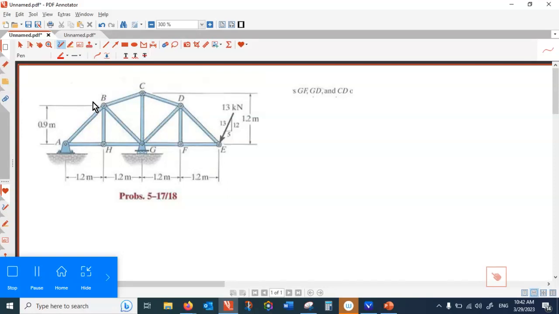First of all, this structure can be simplified, but even without simplification, we can solve it. That is not what the question is asking, but you know that two members here are zero force members. These are DF and BH. They are zero force members. But then to find these three forces, I want you to give me a suggestion. What technique should I use here?